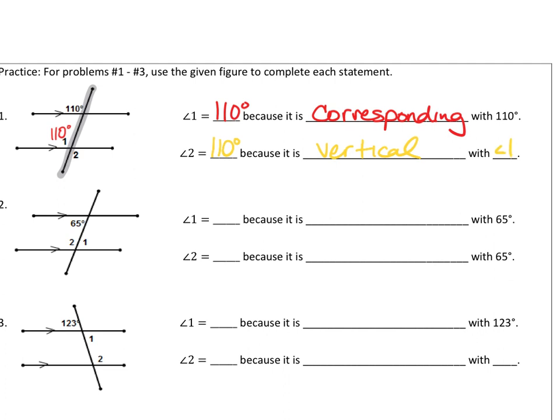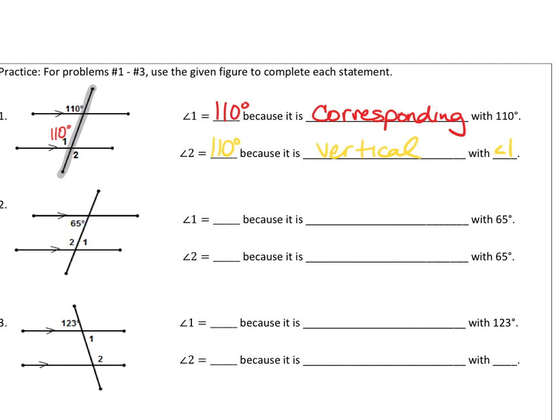So these vocabulary words allow me to know basically one piece of information and learn all the rest of the pieces of information for any particular set of transversals along parallel lines. Let's try another one. Again, you might have to flip back and forth to see what the picture looks like. That's why I think your coloring page would be most helpful, so you can figure out when those colors show up.